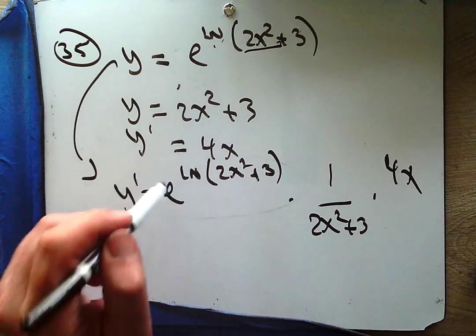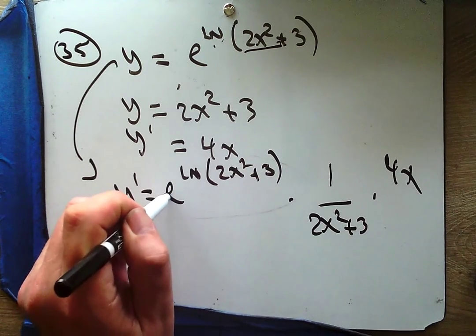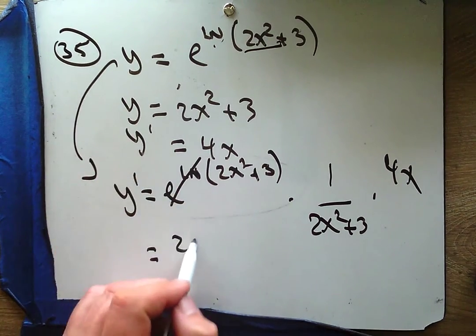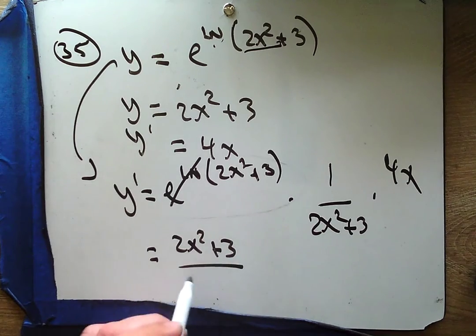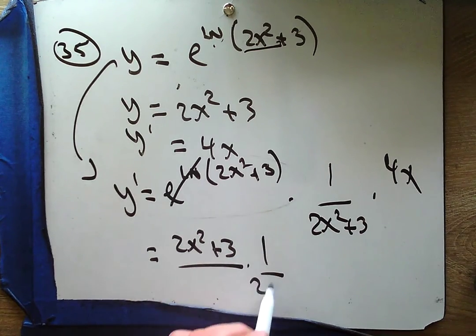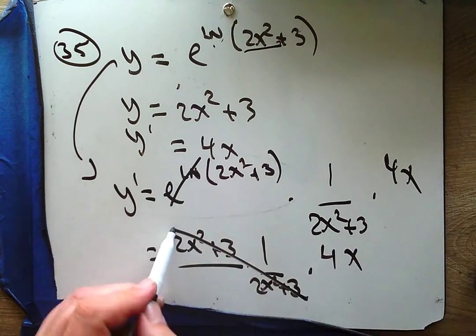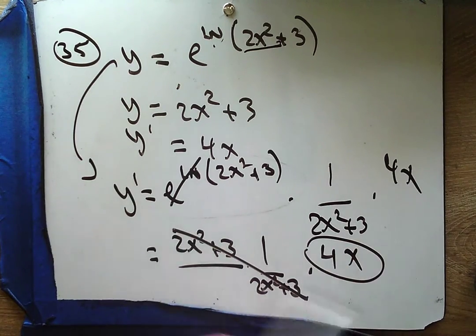Well, actually it does, because look, e raised to the log base e cancels. And so now I have 2x squared plus 3, 1 over 2x squared plus 3 times 4x. Doink. There we go. So why not just go there at the beginning? I know, you weren't comfortable with your algebra.